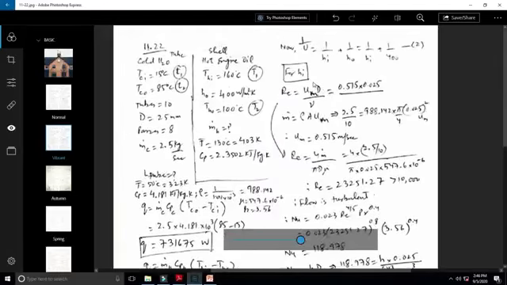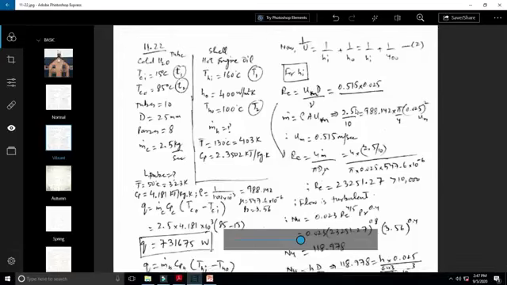Now if you look over here, the problem has again come to the point where we are trying to find out the convective heat transfer coefficient, and this is the same exercise that we had done in the convection chapters 6, 7 and 8, or 7 and 8 rather.